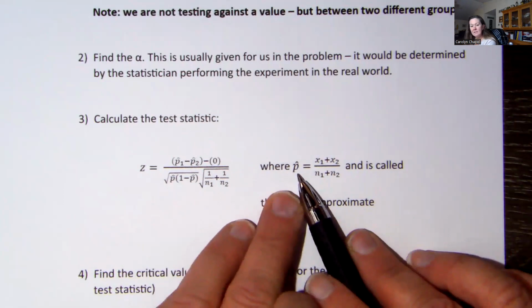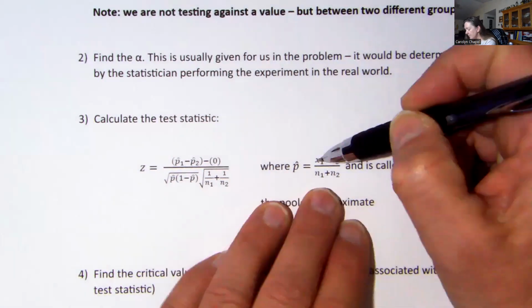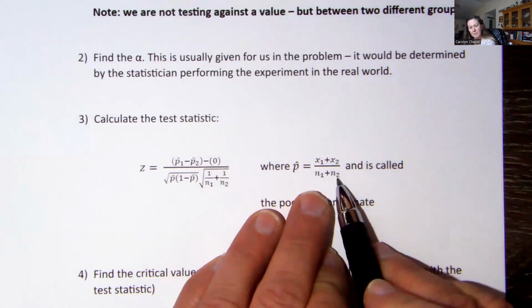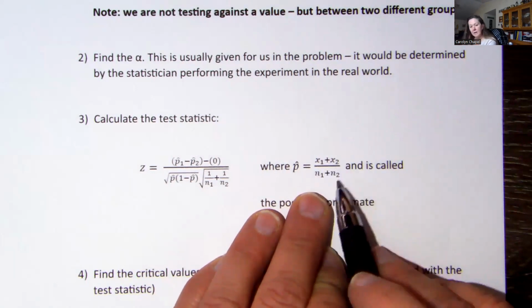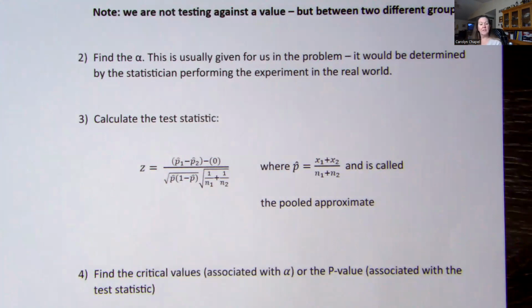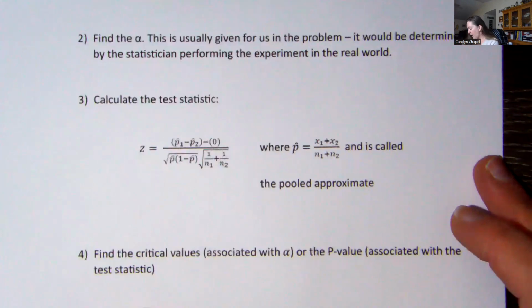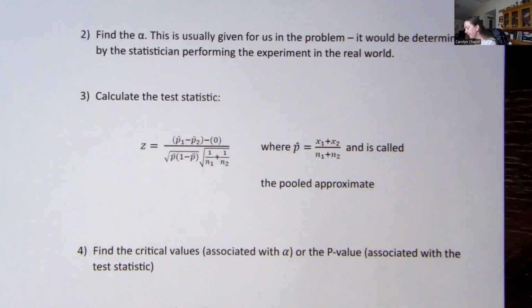So this pooled P hat is the number of successes in each group over the total number of people. So it's kind of like a pooled, who was agreeing with this or not agreeing. Remember, for proportions we have 2 outcomes. So yes, these are kind of like binomials, but we think of them in terms of proportions, the number of people that thought this way versus another way.